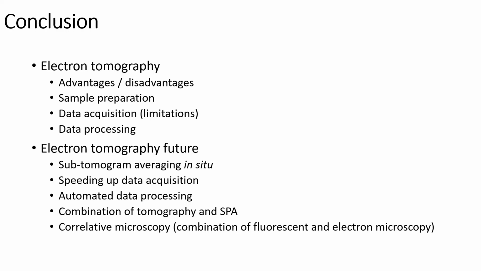Therefore, if you can do fluorescence microscopy under cryogenic conditions, and then transfer your sample into the electron microscope, you can correlate the images of fluorescence microscopy with the electron microscopy tomograms and have a high resolution reconstruction of the features. And that's all.